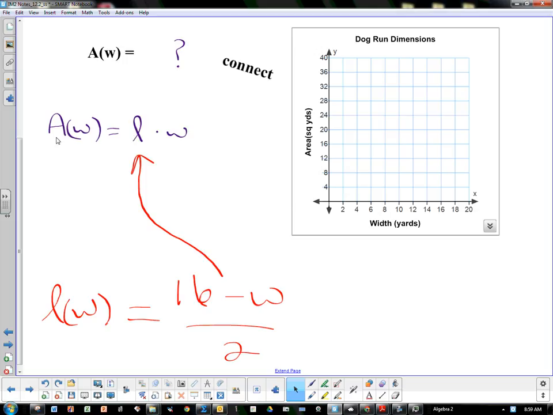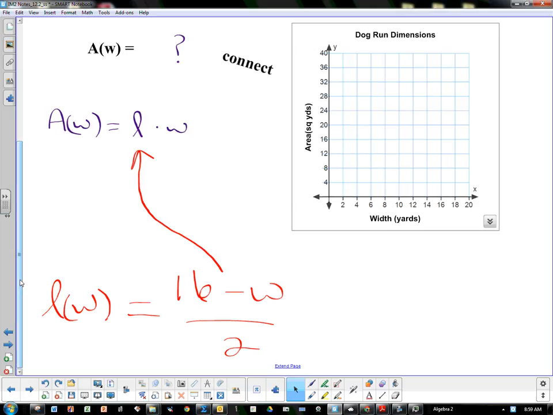How would I actually find out what this function is? A of w is equal to something, but only in terms of w. I don't want L and W in there. No L there. I want just W. What would I do? Guys, do we have the length in terms of W? We certainly do. It's sitting right here. The length is equal to 16 minus W over 2.